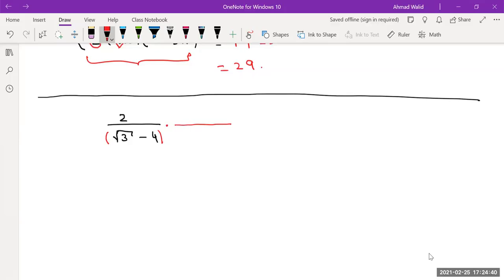What is the conjugate of the denominator? It is radical 3 plus 4. You multiply it here and also in the top: radical 3 plus 4, correct?